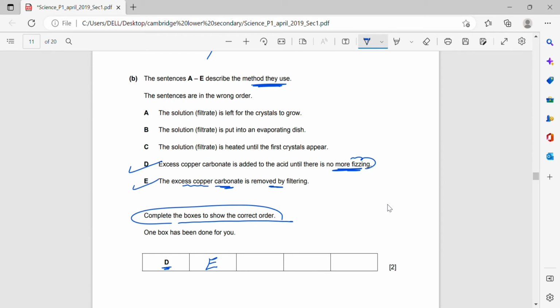After they removed the excess copper carbonate by filtering عملوا ايه the solution is put into an evaporating dish اللي هو B.